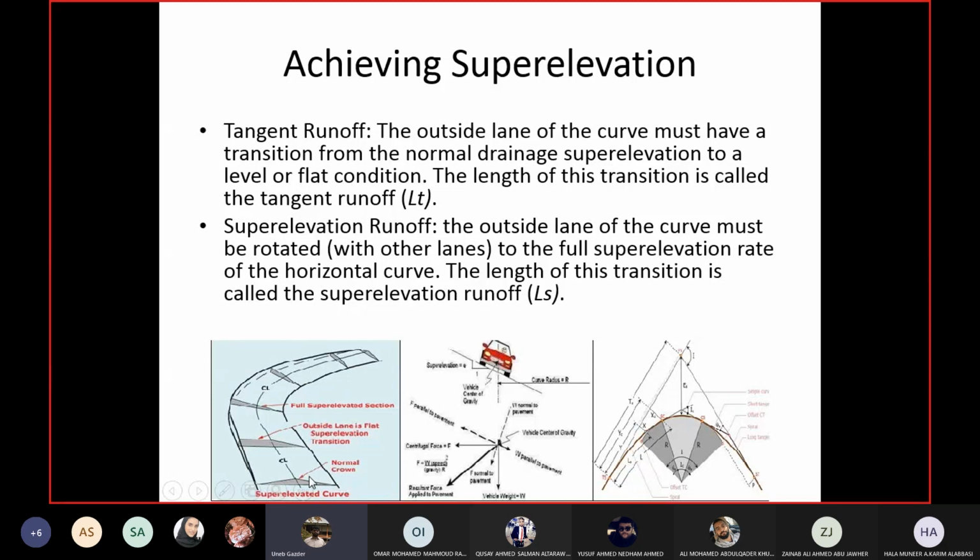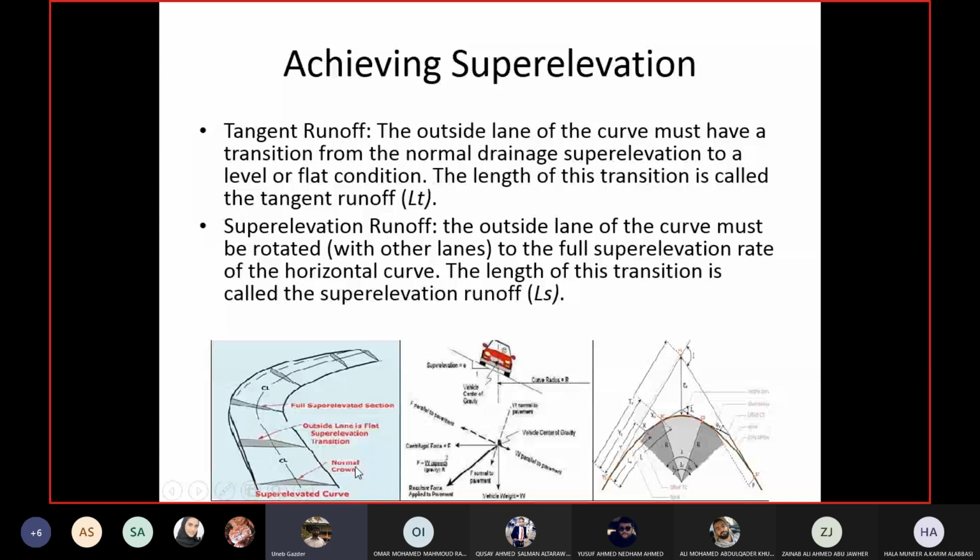So from drainage super elevation, you have to go to the super elevation required for the curve. And I told you in the previous lecture that everything must happen gradually. Any change which you are making on the highway must happen gradually.